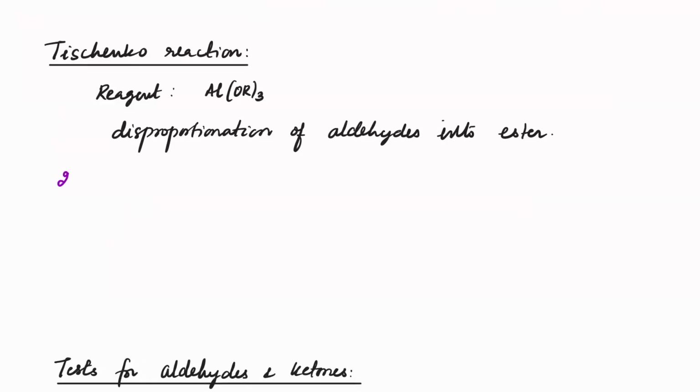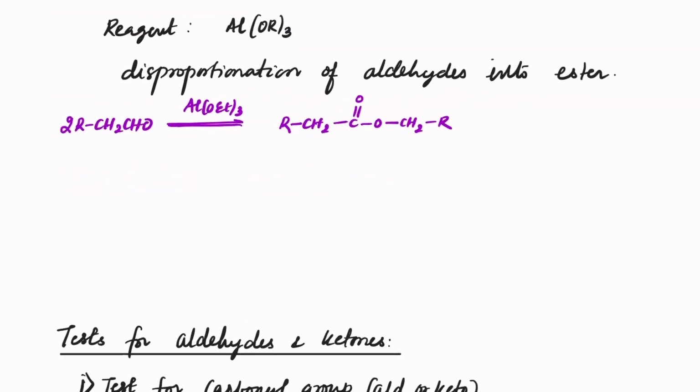Basically, if I take 2 moles of aldehyde RCH2CHO, why I'm taking this one particularly is that it doesn't matter whether you have an alpha hydrogen or not. With or without alpha hydrogen, you'll still get the same product. So with Al(OEt)3, this would make an ester form, that is RCH2C double bond O, O, CH2R. This is the ester form you will get.